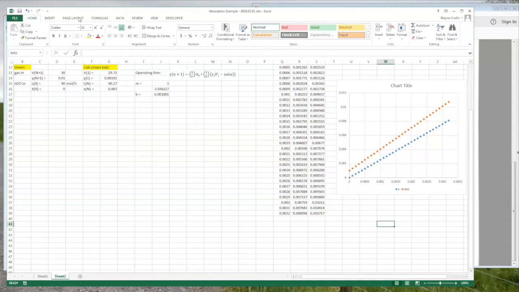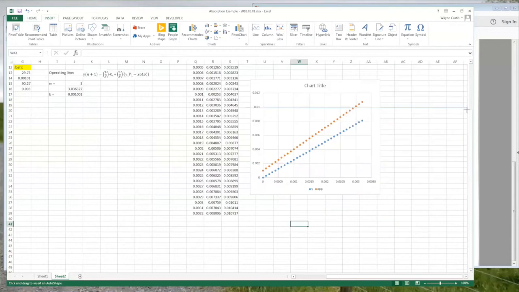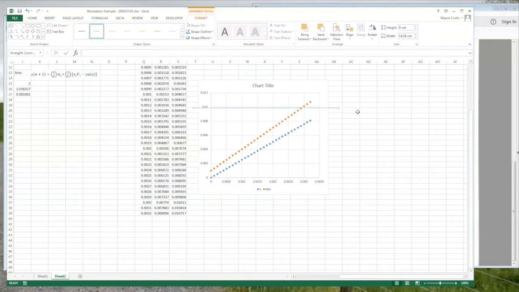So I'm going to go ahead and see if this isn't too annoying to try to do, and just indicate that right here, there we go. This line right here that I just put in is the target. I'm sorry, no, that's the supply composition. And down at the bottom right here is where it will be coming out.